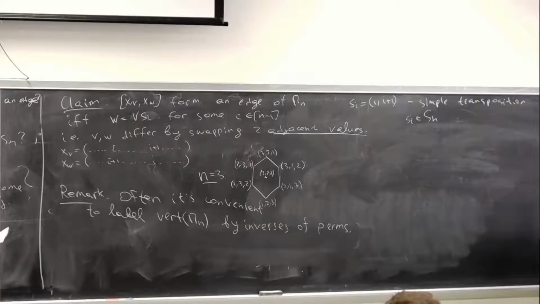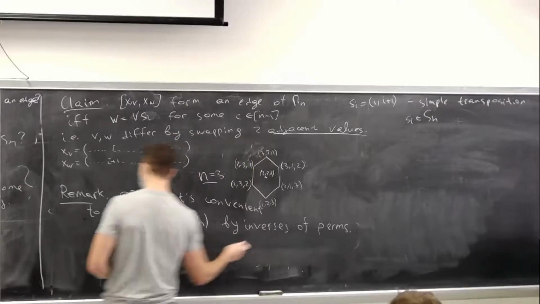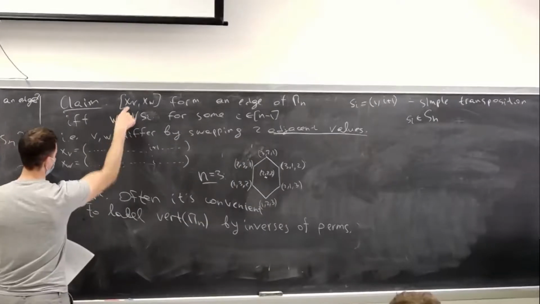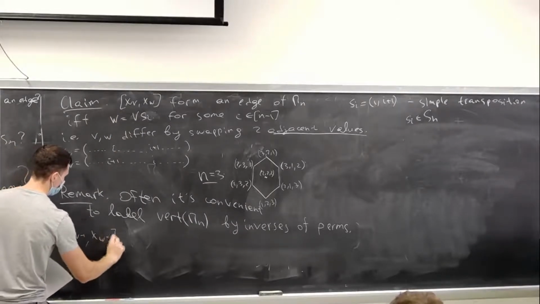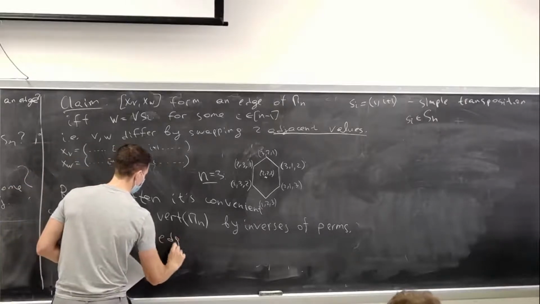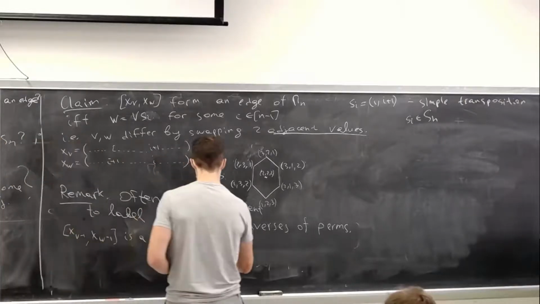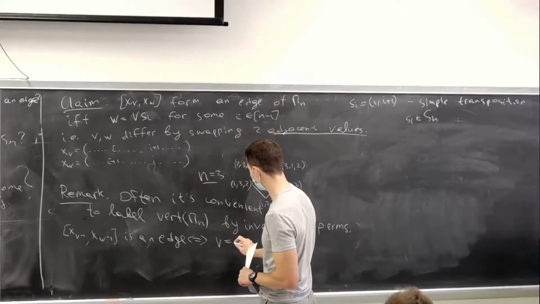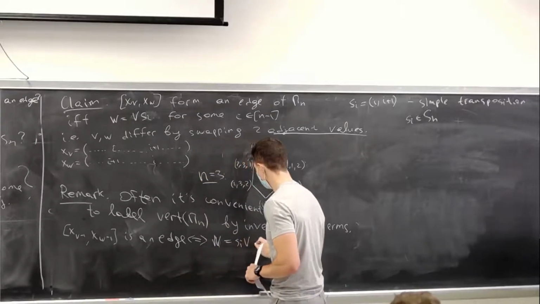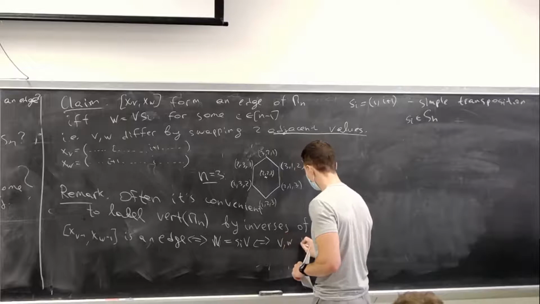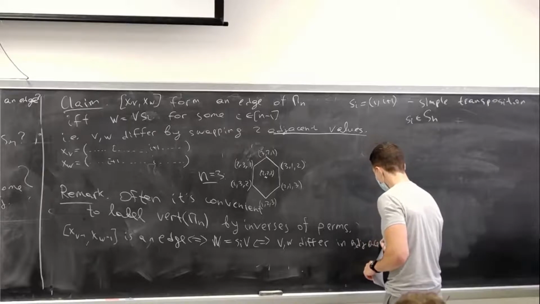Oh yeah, for the inverses, in this case, the condition is that, preserving the same notation for xv and xw, xv inverse and xw inverse is an edge if and only if w equals si v, if and only if v and w differ in adjacent positions.